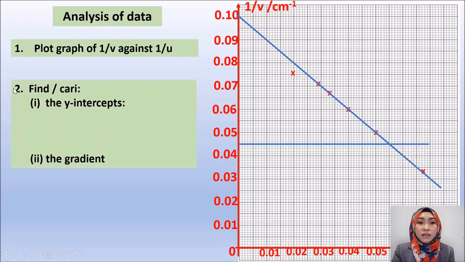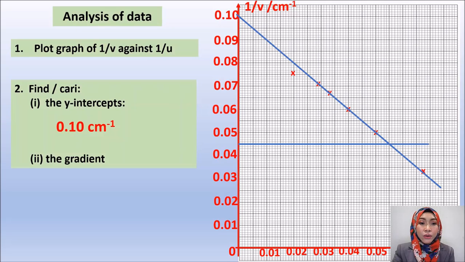Next, you have to find the y-intercept. The y-intercept is where the graph intercepts the y-axis. As you can see here, the value of intersection is 0.10 cm^-1.